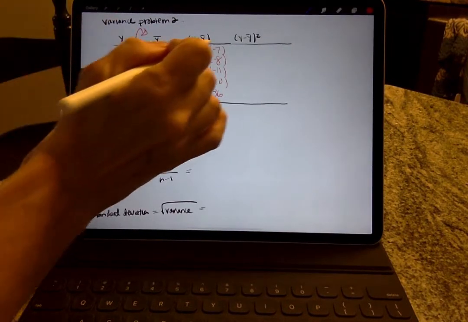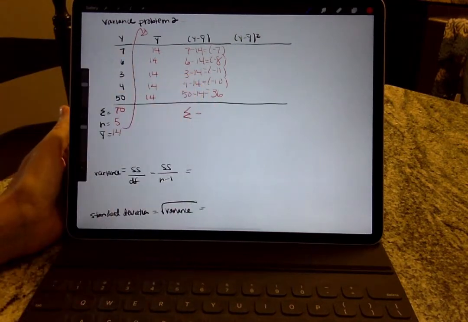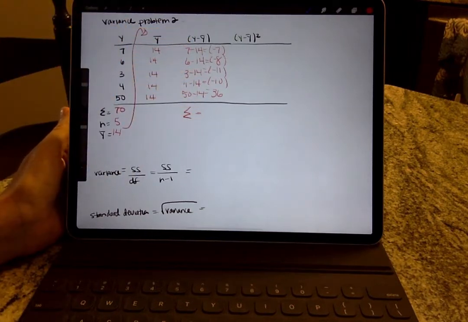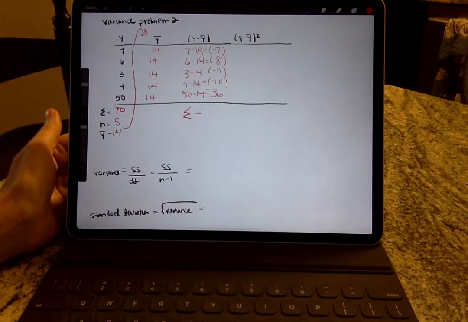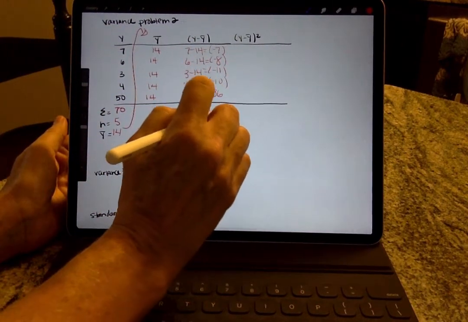Before we move on, we are going to add together the numbers in this column, because the sum of the deviations should always be 0. This is a good check to do before you move on to make sure your numbers make sense. And I've already done this, so I know that this does in fact add up to 0.